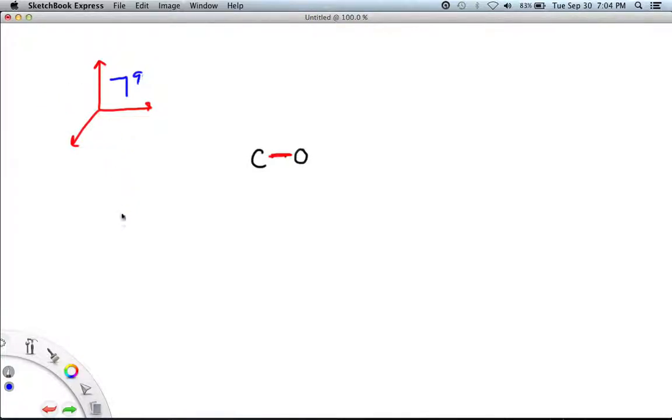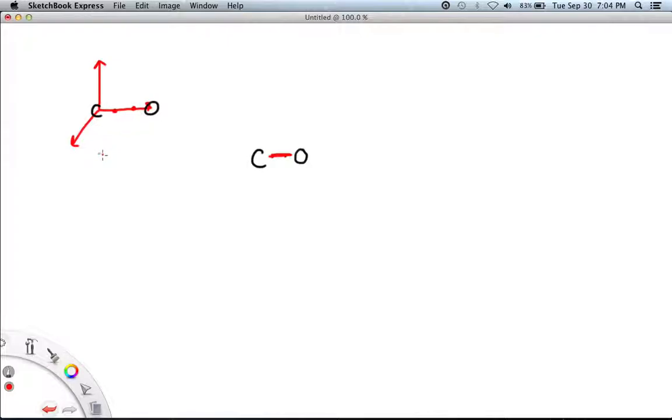Why is that important? Well, in order to have electrons reside in close proximity, they have to be what's known as orthogonal or perpendicular, 90 degrees from each other. So our red electrons in our CO bond, with our C here and our O here, are residing along that axis.